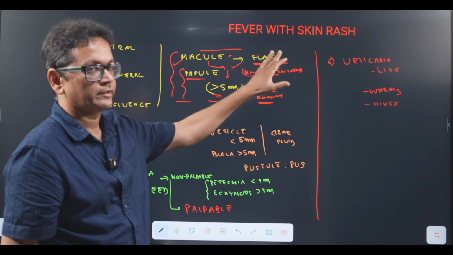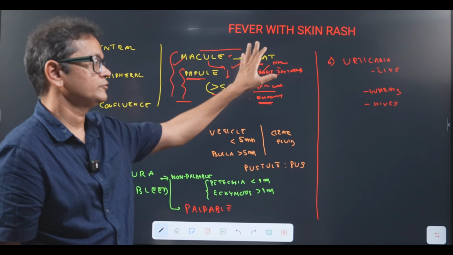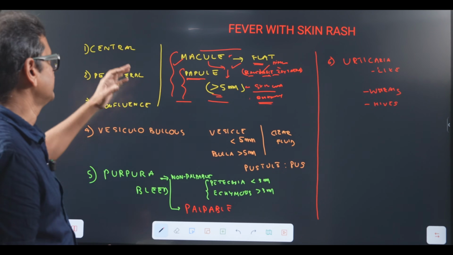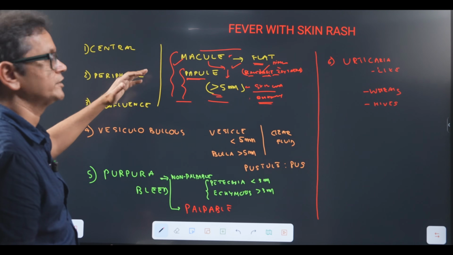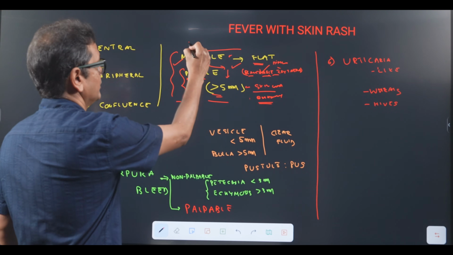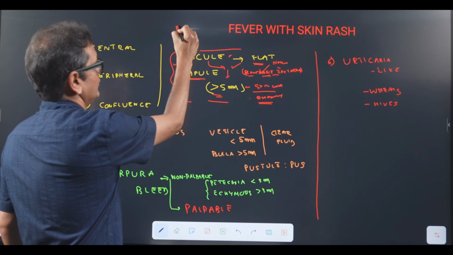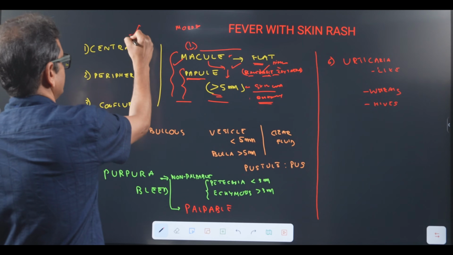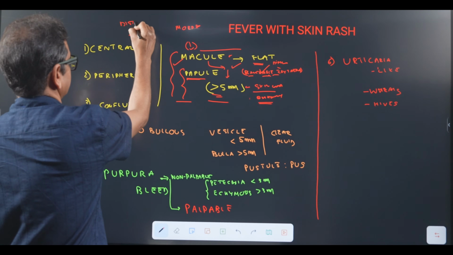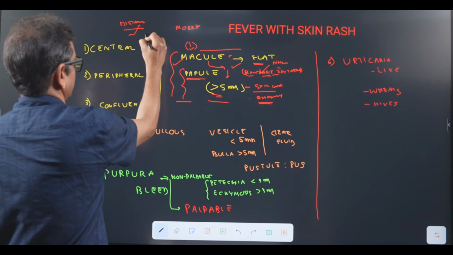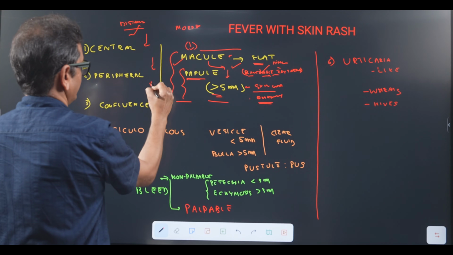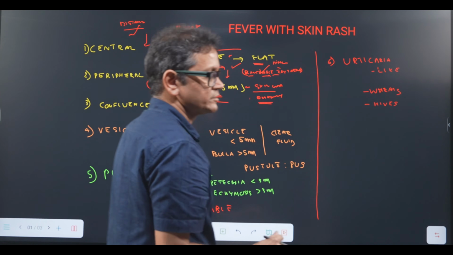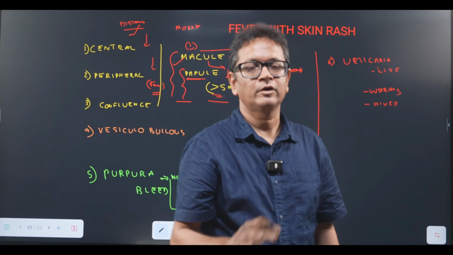Depending upon the fever, I am not going to give an exhaustive list of all these causative etiopathogenesis of fever. The lesions can be centrally distributed or peripherally distributed. So, we have to give morphology. Morpho means description and distribution. And their time course over a period of days or weeks when the patient is having fever, how they are progressing.